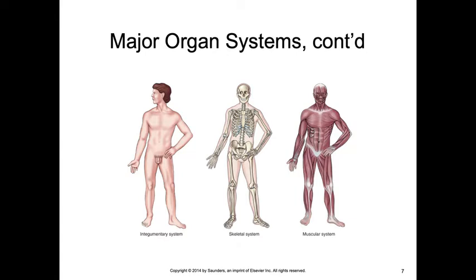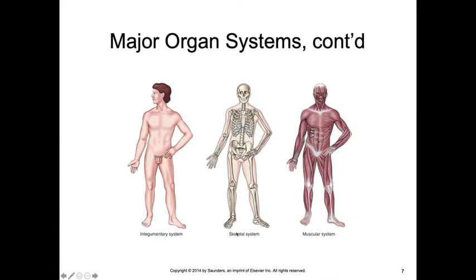Now they don't really serve those purposes as effectively, and that's because over time we figured out how to make clothing and how to produce our own weapons, and so we didn't need those structures anymore, and they evolved away. Okay? The skin's also a major source of vitamin D, okay, which is important for mineralizing bone, which brings us to the middle system here, the skeletal system.